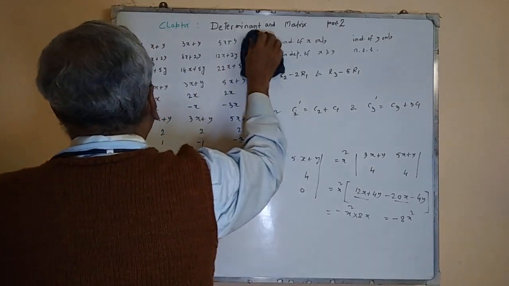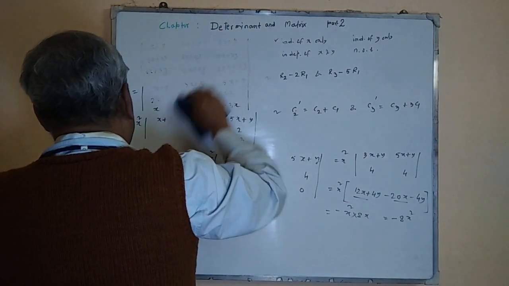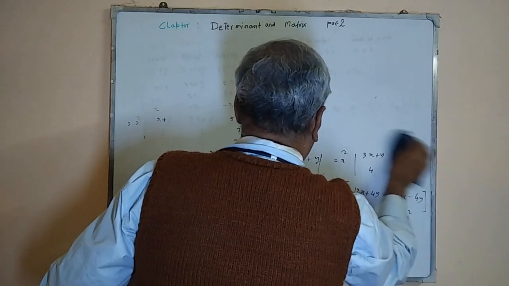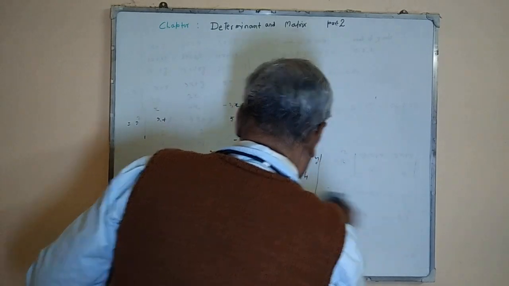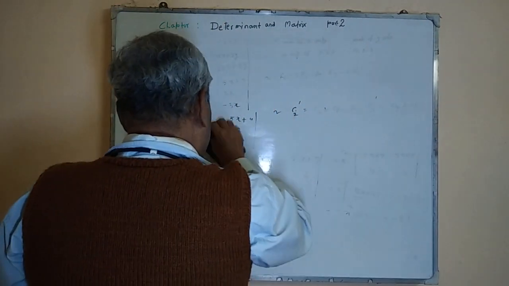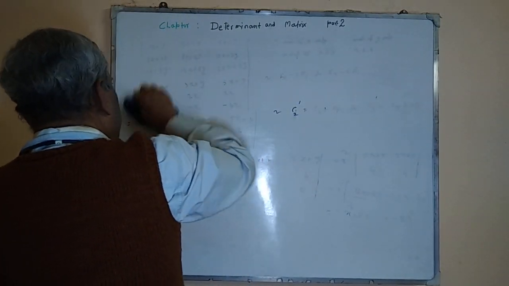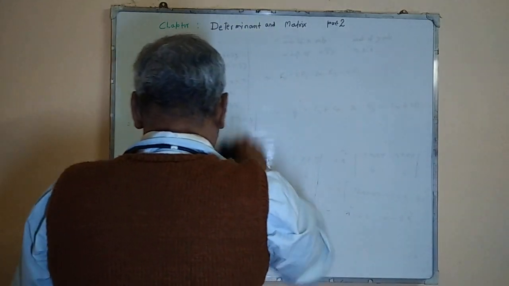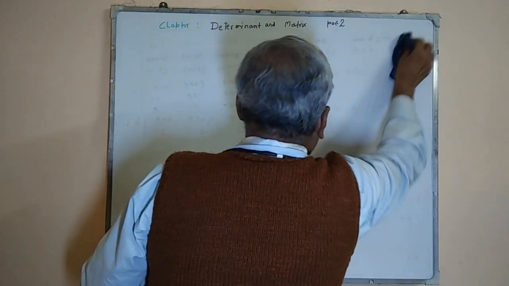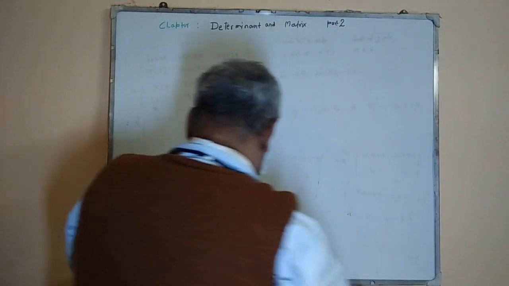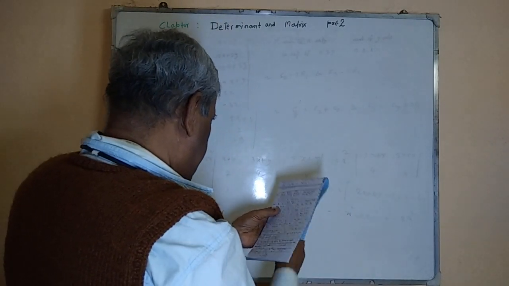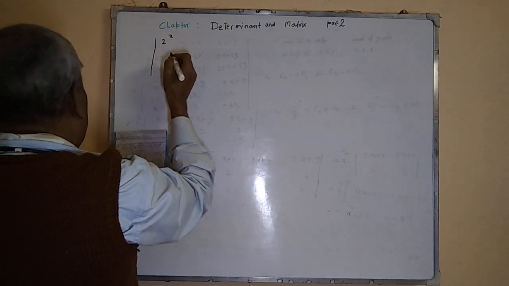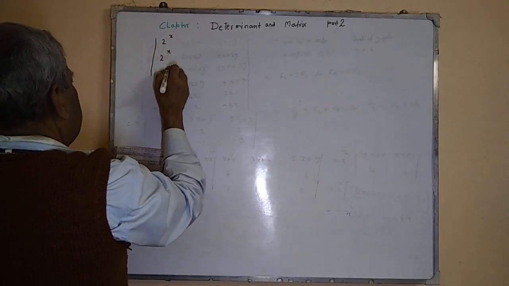Our next problem. The value of the determinant with first row 2 to the power x, 2 to the power x, 2 to the power x.